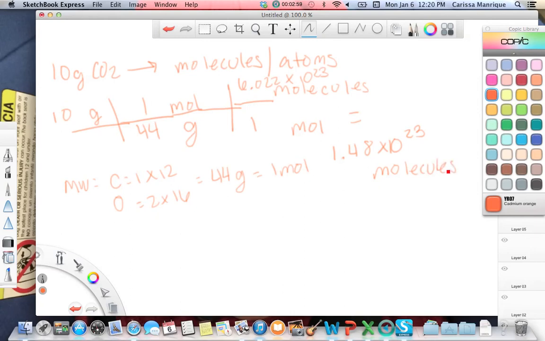So you see it's the same conversion we've been doing to go to atoms, except now we call it molecules because we're not looking at an individual atom, just carbon, we're looking at CO2, which is a molecule. We're just calling it something else, but the conversion is the same.